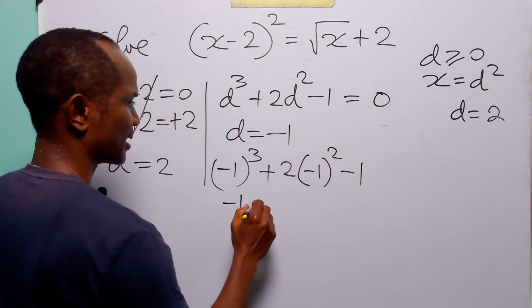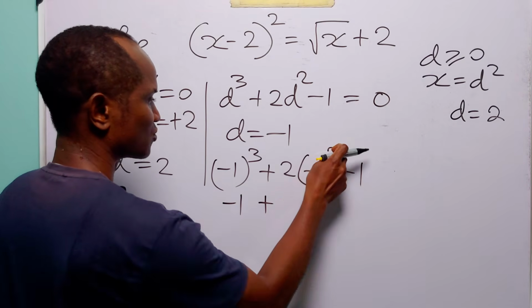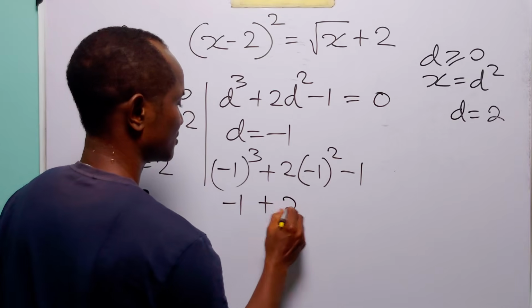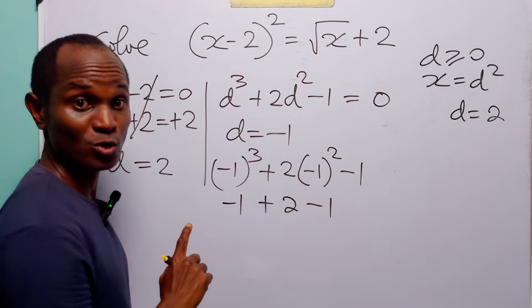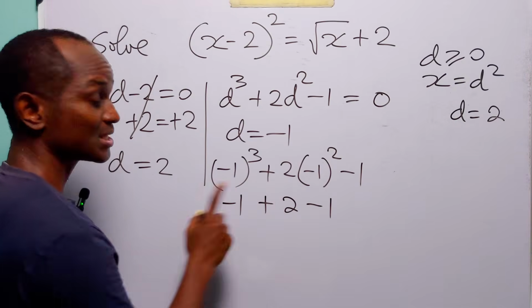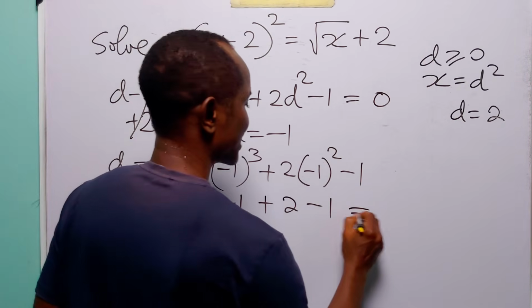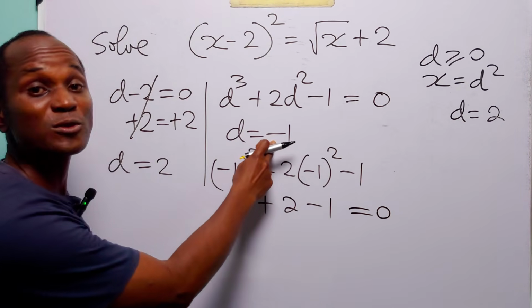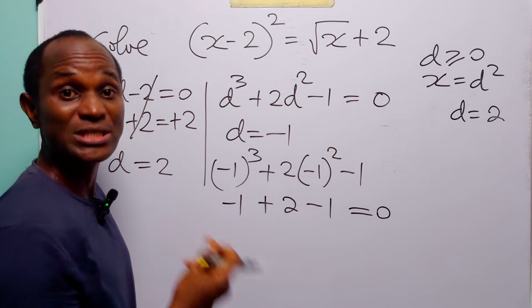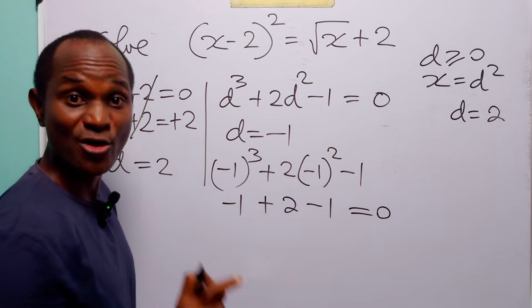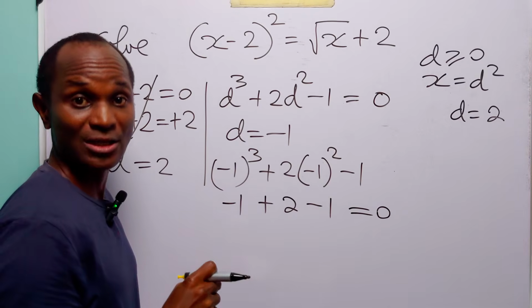This is minus 1 plus 2 times 1, which is 2, minus 1. Now, minus 1 minus 1 is minus 2. Minus 2 plus 2 is equal to 0. So you can see that d equal to minus 1 satisfies this equation, so d equal to minus 1 is a root of this cubic equation.